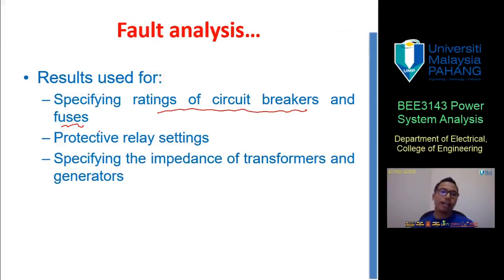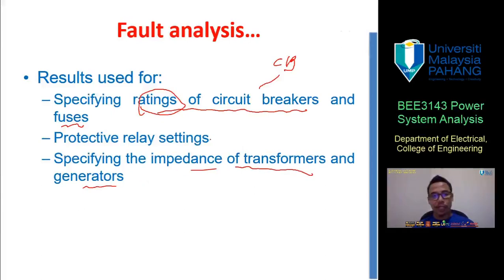At the end, the real work of the power system engineer, based on the power system analysis study or fault analysis, is specifying the ratings of circuit breakers and fuses: how many amps is the most suitable for the system. It is also used for protective relay settings, to set the most suitable and reliable protective relay range, and for specifying the impedance of transformers and generators. So we're going to play with the transformers and generators after this.